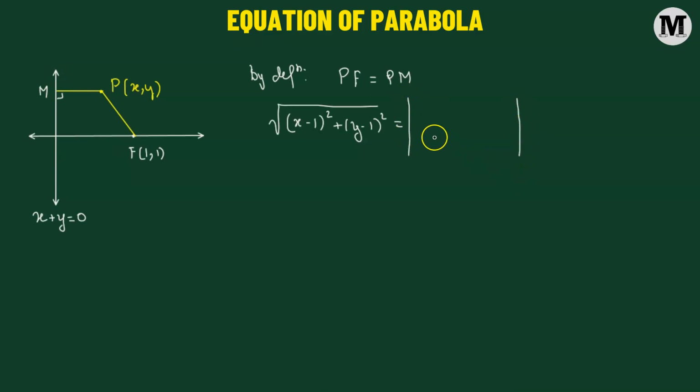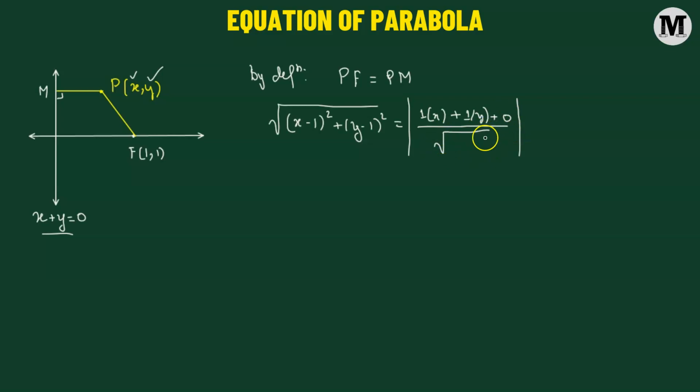We'll take the absolute value, and inside the absolute value, we have to consider a ratio. So in the numerator, we'll start with the coefficient of x of the directrix line. So that's 1. 1 will get multiplied with the x coordinate of point P. So we have 1 times x. Added to the coefficient of y of the straight line, that's 1. 1 gets multiplied to the y coordinate of point P. And we also have to add the constant term of the directrix line, but there's no constant term here, so it will simply be 0.